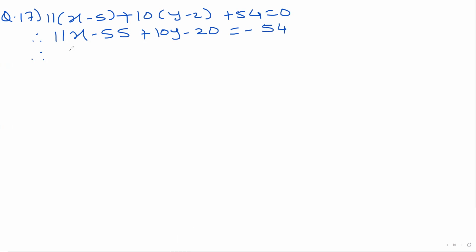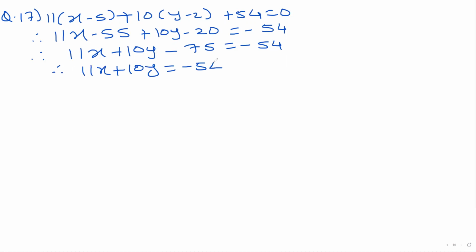Okay, so 11x plus 10y minus 75 is equal to minus 54. Take minus 75 to the right hand side. You get 11x plus 10y is equal to minus 54 plus 75. So how much do you get? 11x plus 10y is how much? 21. This is our equation 1.